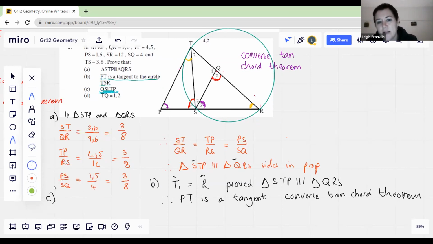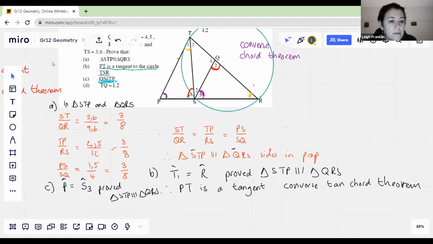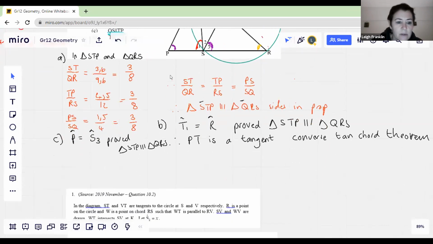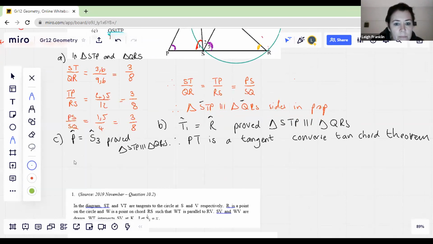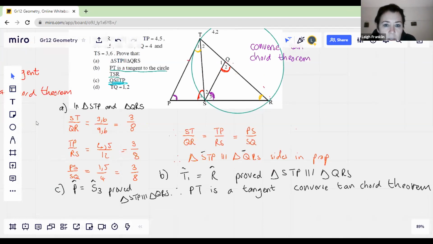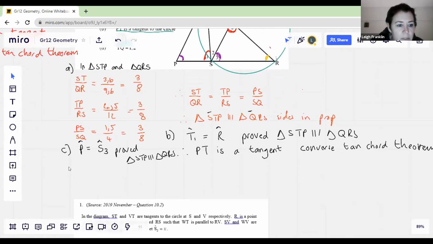Yeah, exactly. Okay, so because angle P equals angle S3, also from similarity, also proved by triangle STP similar to triangle QRS, that means that QS is parallel to TP.